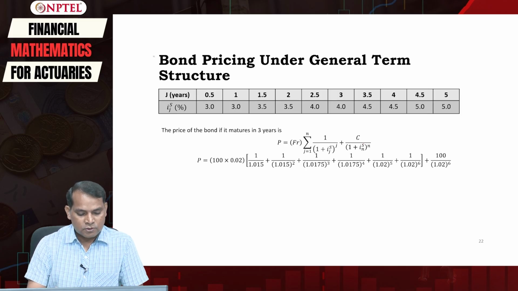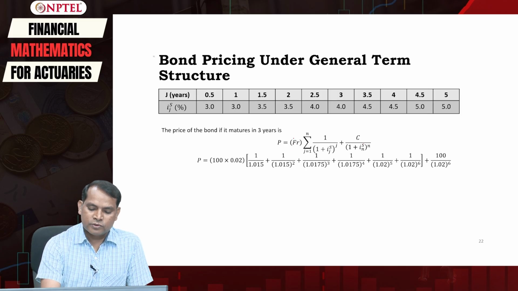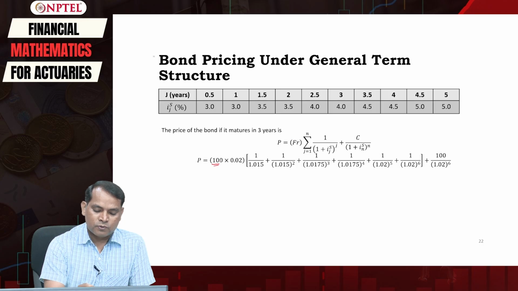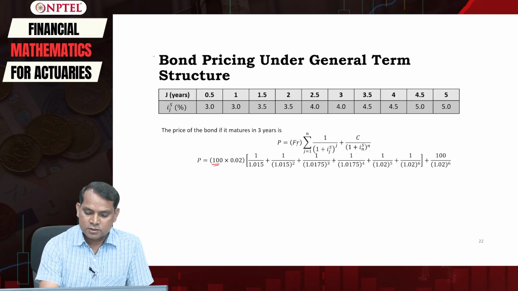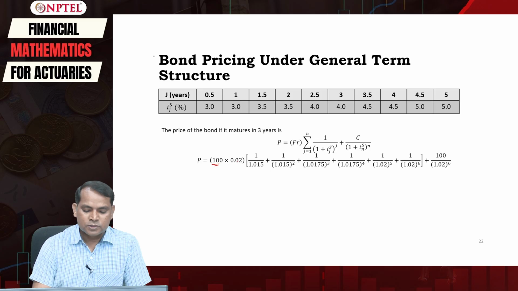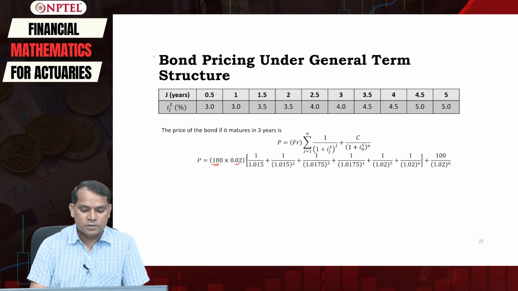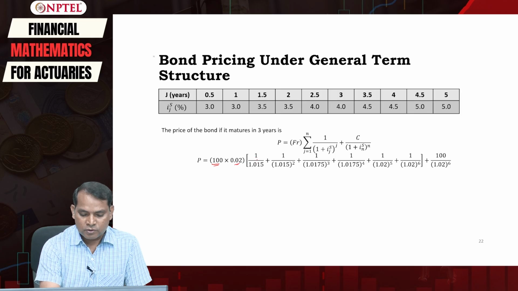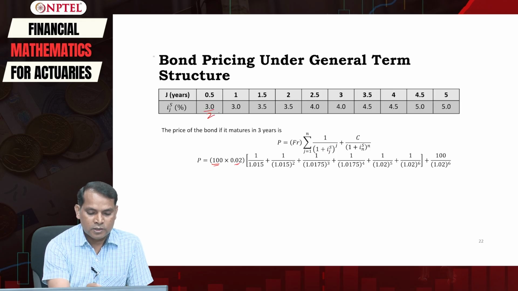So, F is the face value, which is 100, and r is the coupon rate of interest, which is 4% divided by 2, that is 2%, and therefore we have written here 0.02 multiplied by 1 upon 1 plus this spot interest rate divided by 2.